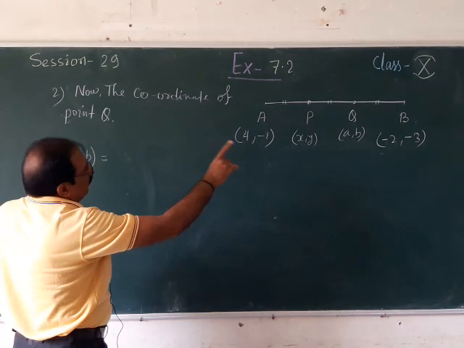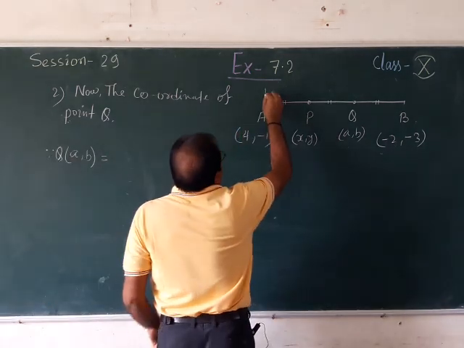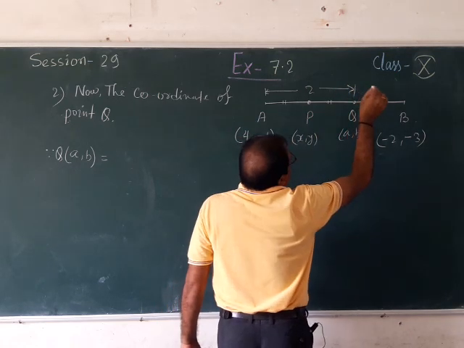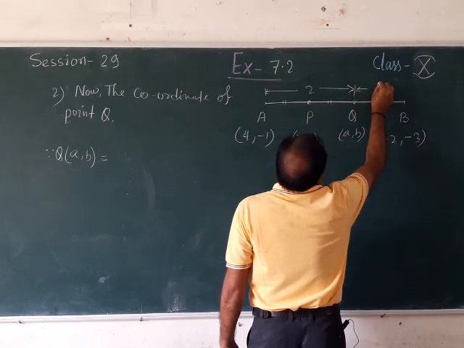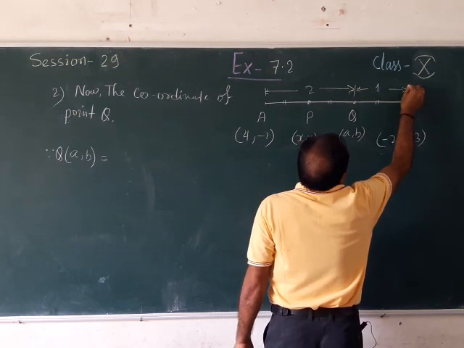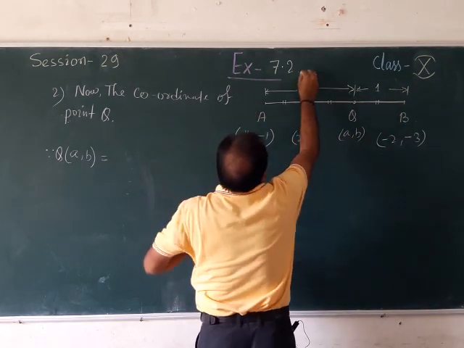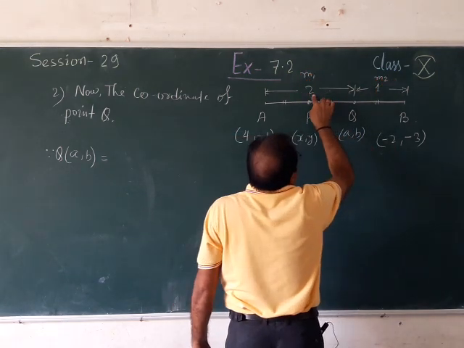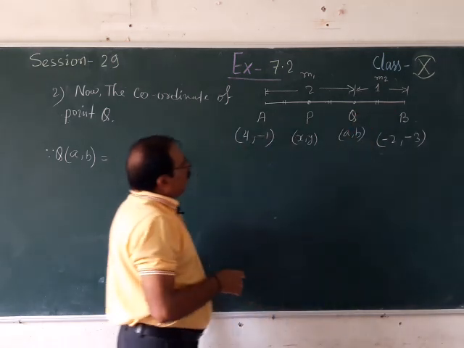In this case you can see that till here it is 2 parts, and here it is 1 part. So this is your m1 and this is your m2. So m1 is 2 and m2 is 1.